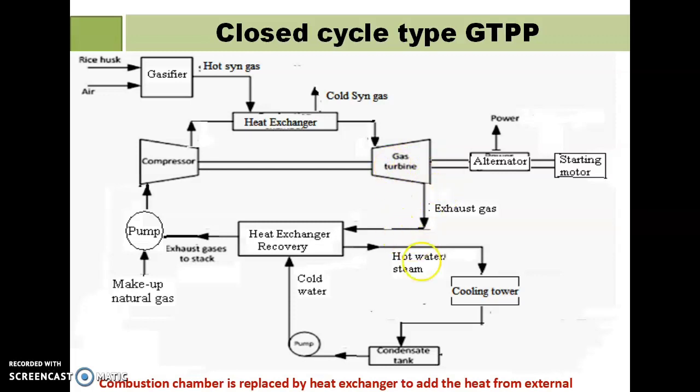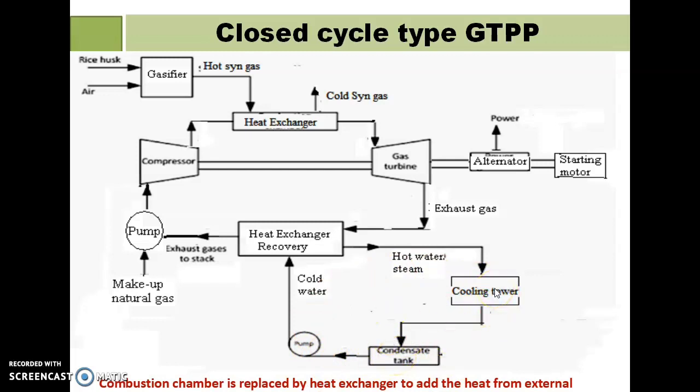The gas turbine produces mechanical energy and gives it to the alternator, but the exhaust gases which are produced from this gas turbine are recirculated through this heat exchanger and the compressor. That hot exhaust gas is given to the heat exchanger, where the heat of the exhaust gases gets reduced and it condenses using this cooling circuit, where the cooling circuit consists of a condenser and then a cooling tower.